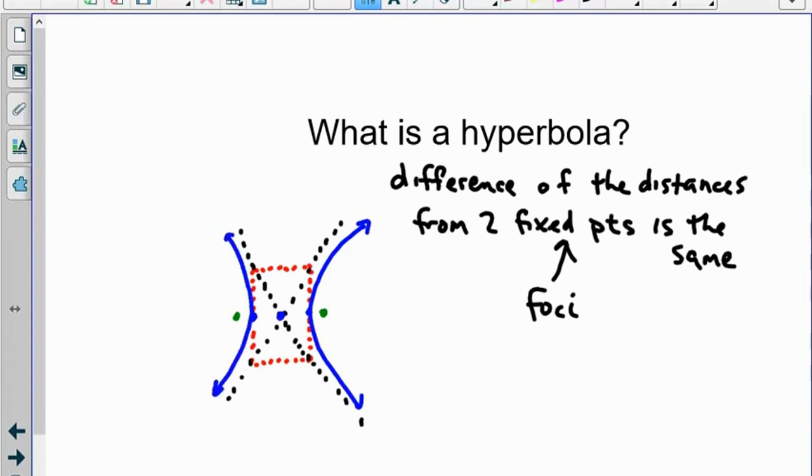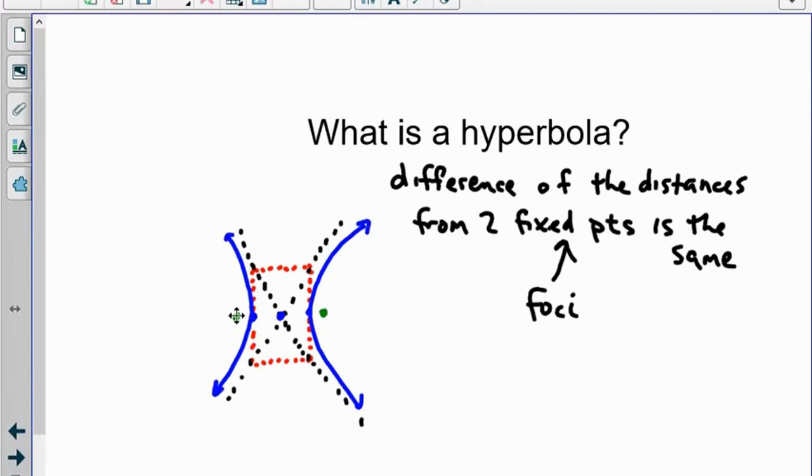So essentially, we end up with these asymptotes formed by the box, and then we have things that look curvy. They're not parabolas, but they kind of look like them if you have no other reference point. And they go in both directions. So that's something that's kind of important. A hyperbola goes in both directions.